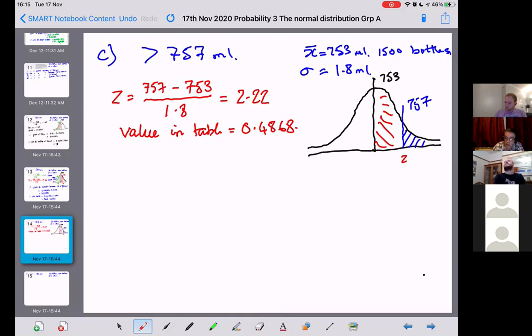Therefore, probability greater than 757 ml equals 0.5 minus 0.4868, because we're interested in the blue bit on the end, equals 0.0132.